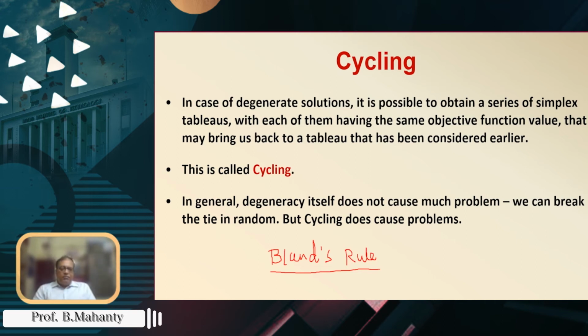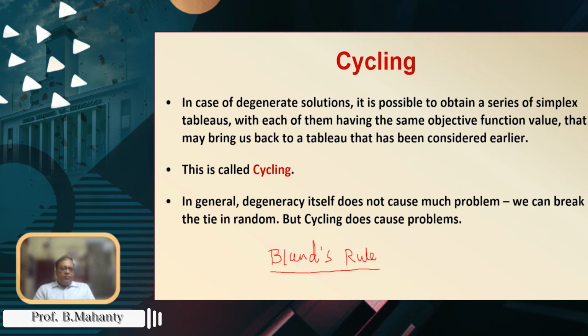So it is possible that you go from table 1 to table 2 to table 3 to table 4 and then come back to table 1 and keep doing those operations, and we can never come out of this kind of thing. But will it be the case all the time?